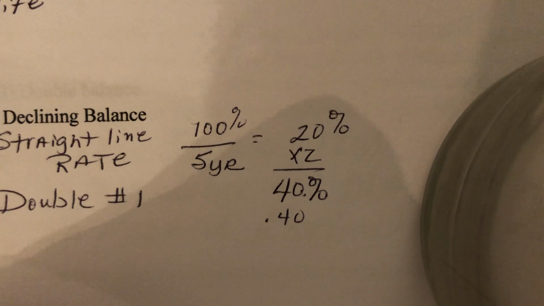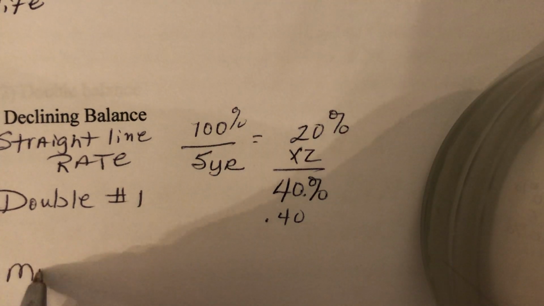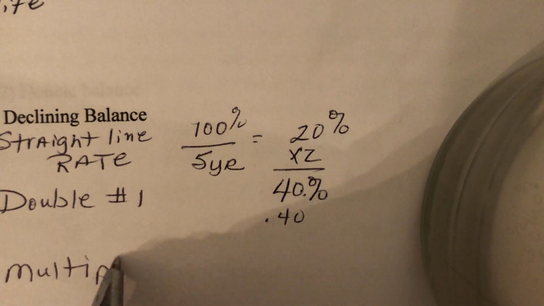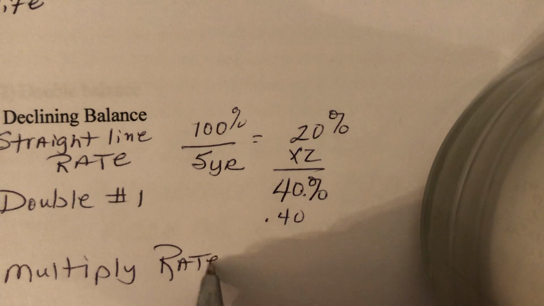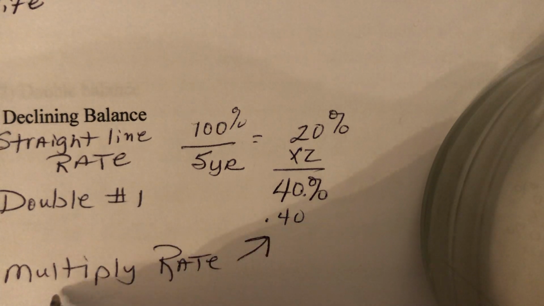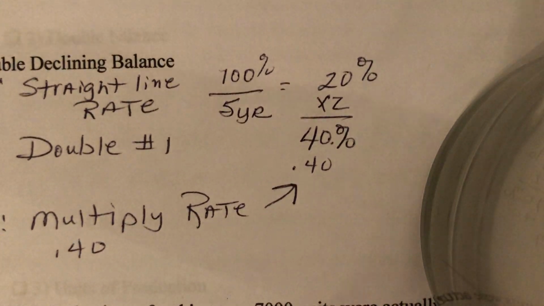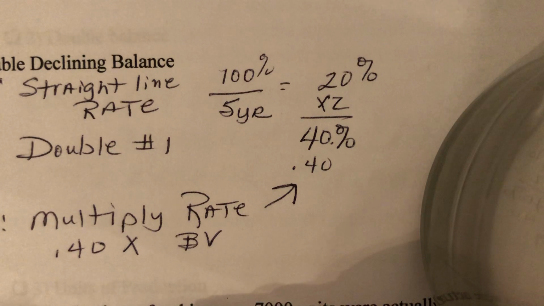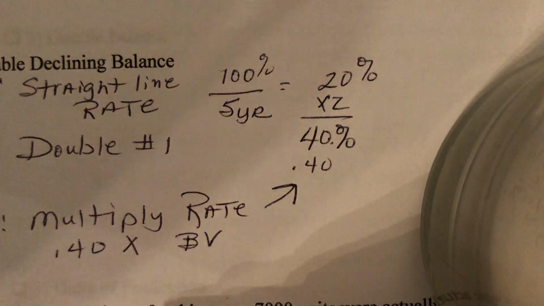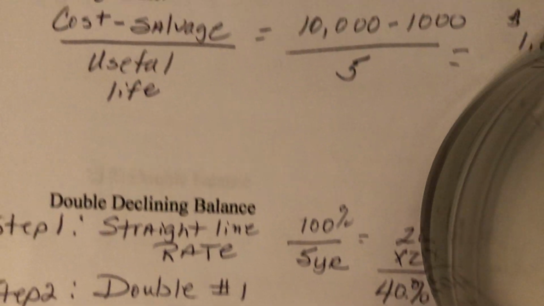In step 3, what we want to do is multiply the rate in number 2 times the book value, and this is the amount without subtracting out your salvage.